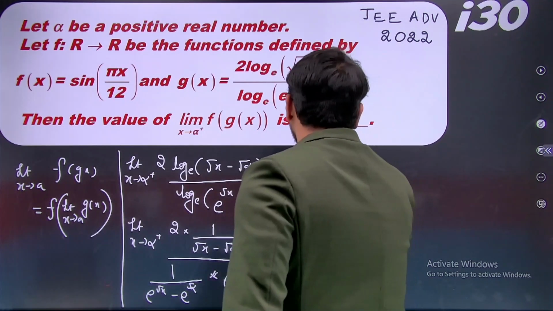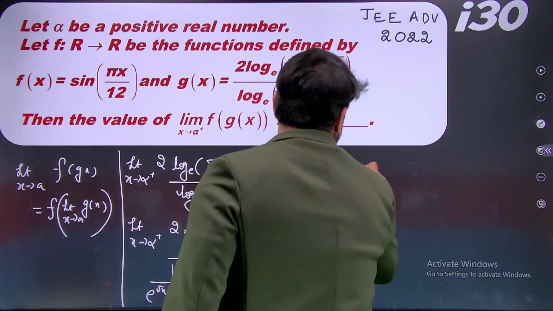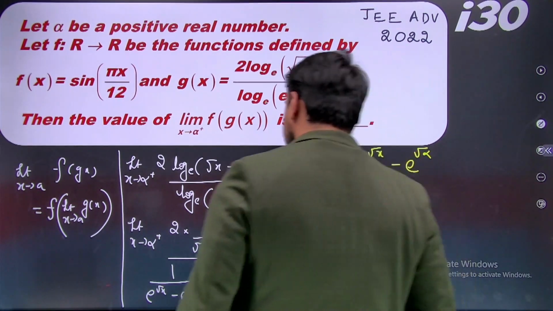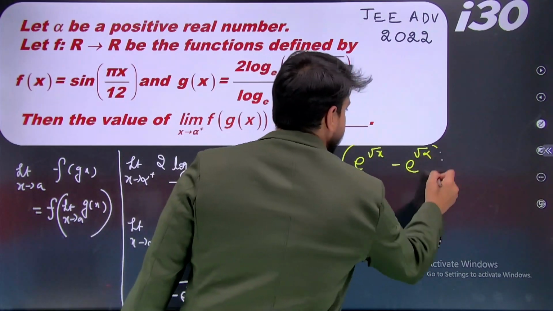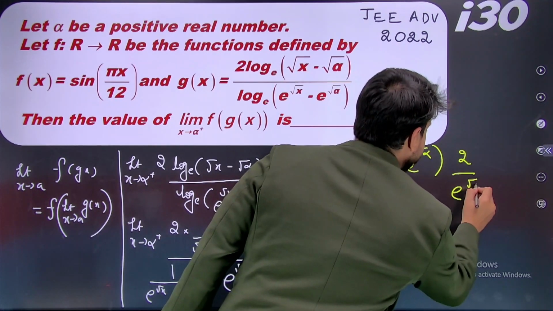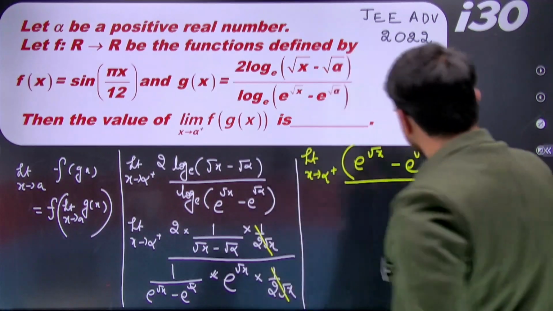So let's simplify and see what we are getting. We'll have (e^root x minus e^root alpha) multiplied by 2, and I'm writing this separately because it is in multiplication and this part is not indeterminate. This part is a determinate value.